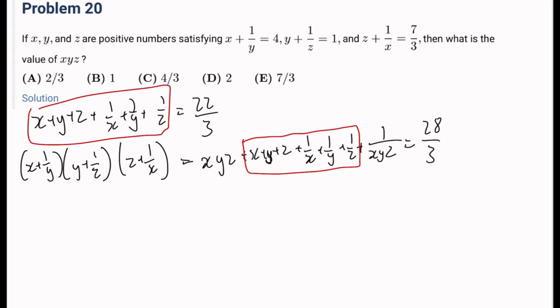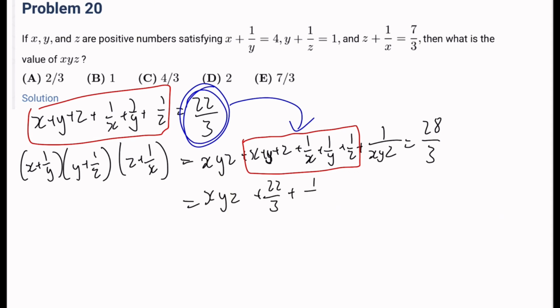And so we can substitute 22 over 3 into here. If we do that, then this will equal xyz plus 22 over 3 plus 1 over xyz equals 28 over 3. So if we move this, then xyz plus 1 over xyz equals 28 over 3 minus 22 over 3, and this is 2.